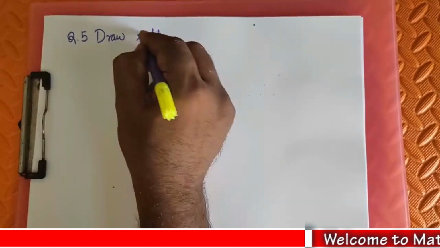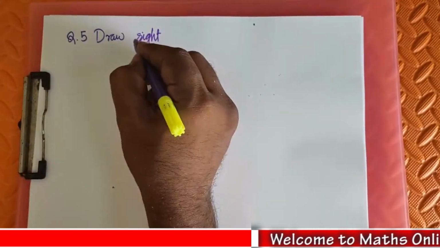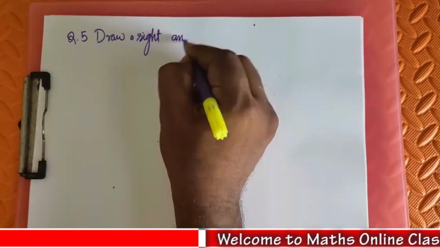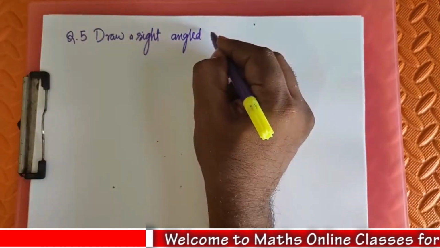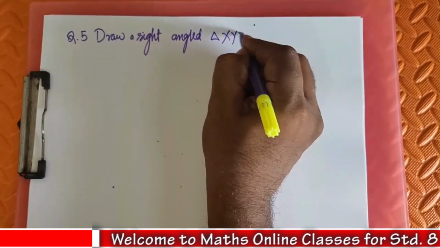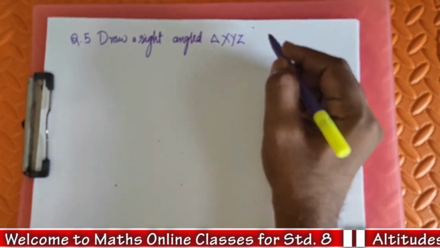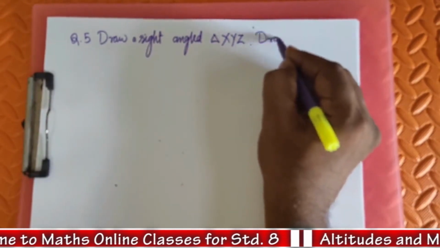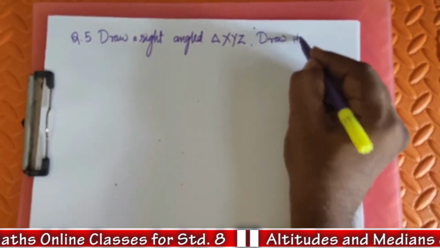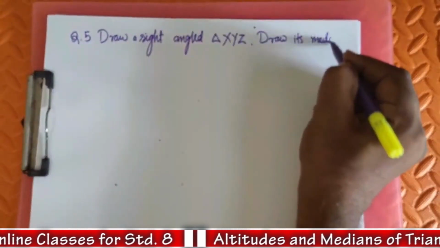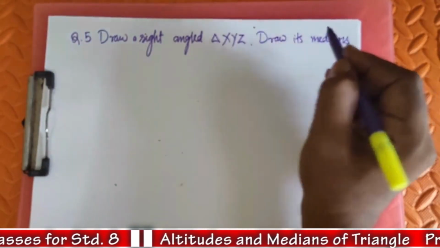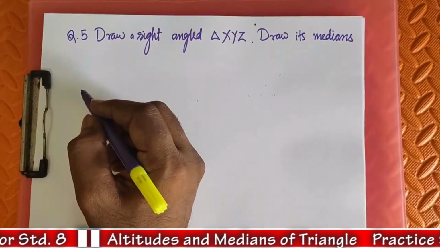Draw its medians. And show their point of concurrence.